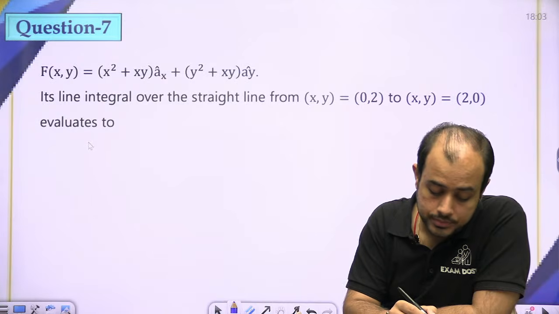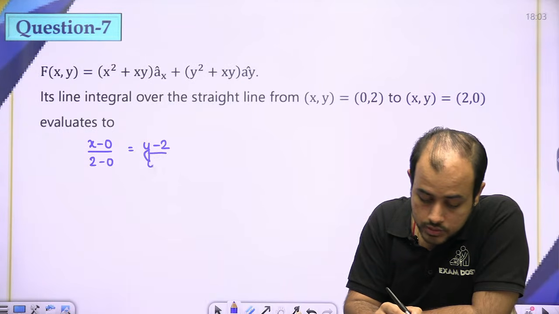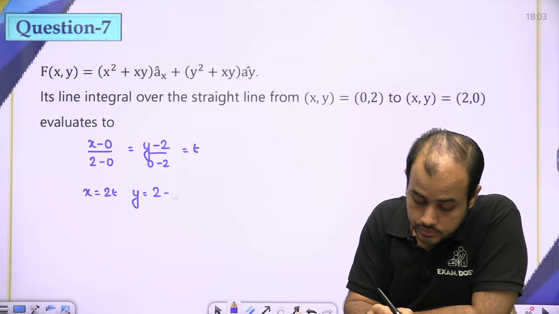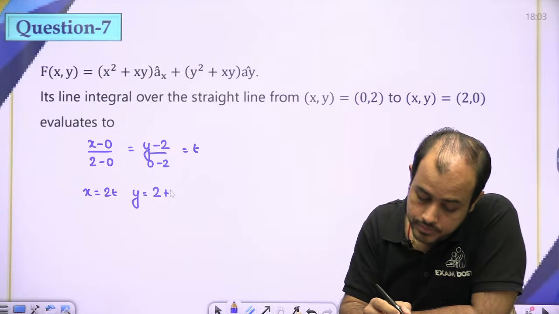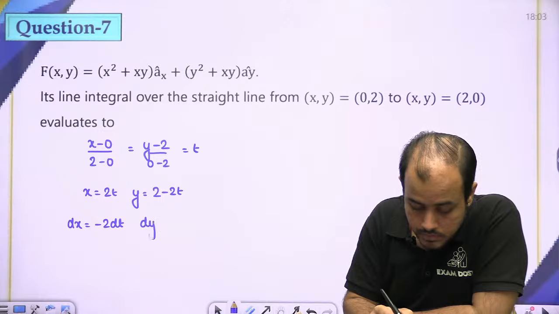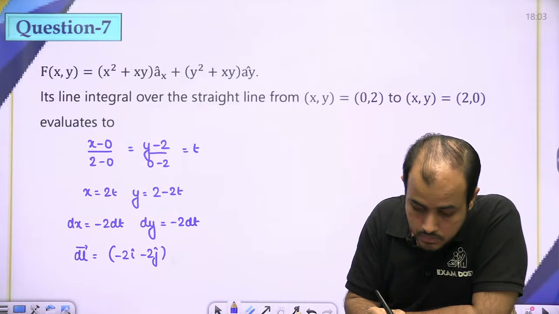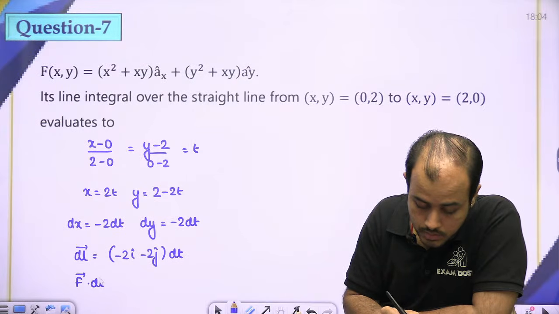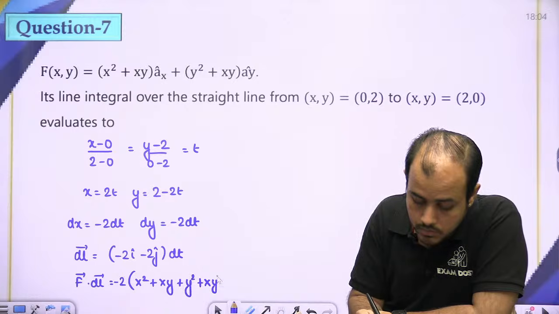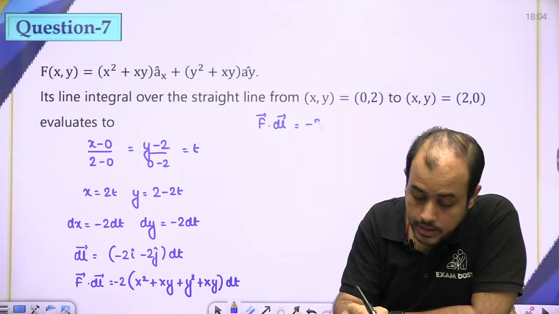Straight line from 02 to 20, 02 to 20, 02 to 20, x will be 2t, -2.